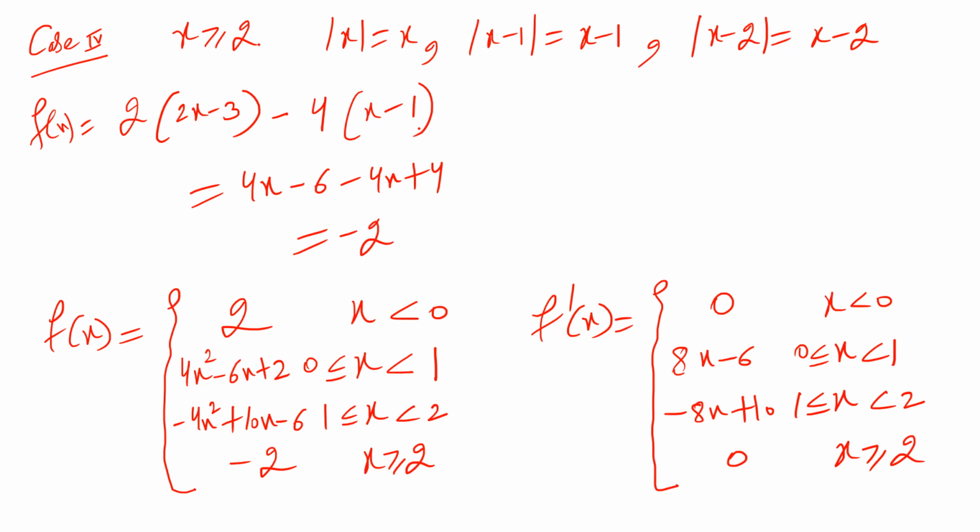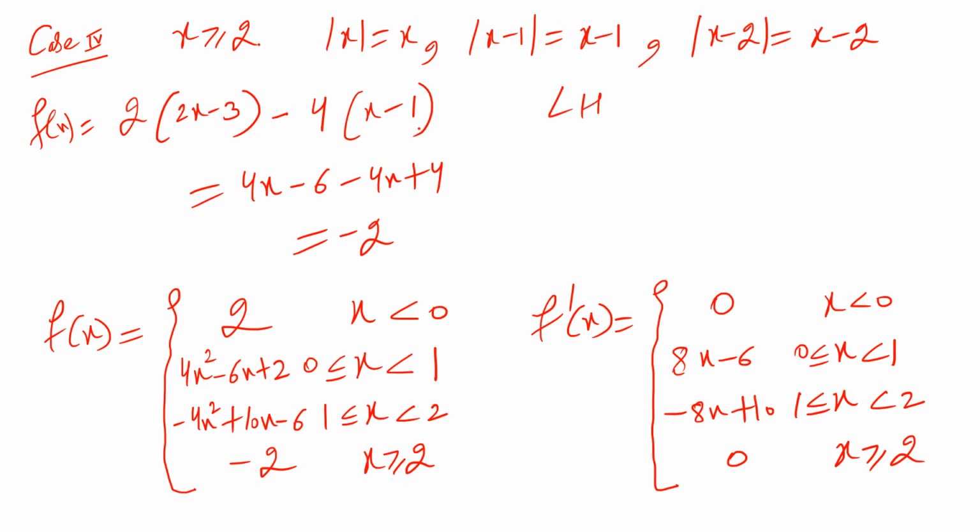You are clearly seeing f(x) is basically a polynomial function which is changing its definition at a few points. Like at 0 it is changing its definition, at 1 it is changing its definition, and then again at 2 it is changing its definition. That means these are 3 susceptible points where non-differentiability can occur. At all other points, since it's a polynomial function, it will obviously be differentiable. So now we have to discuss its differentiability at the points 0, 1 and 2.